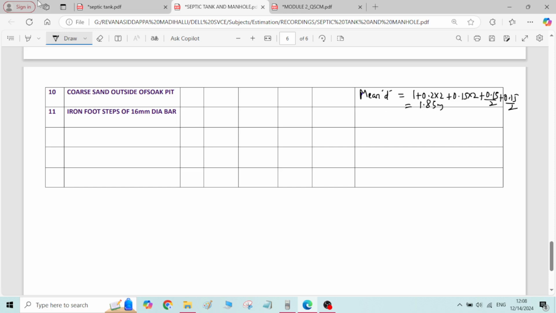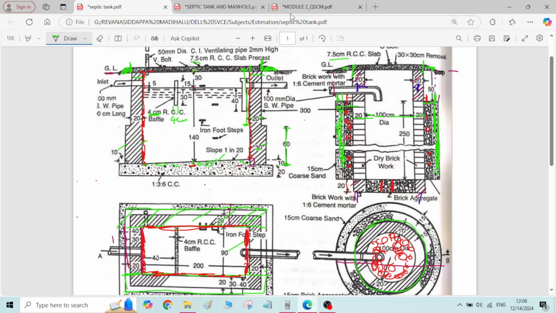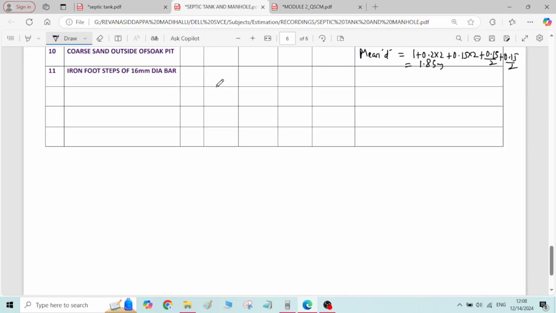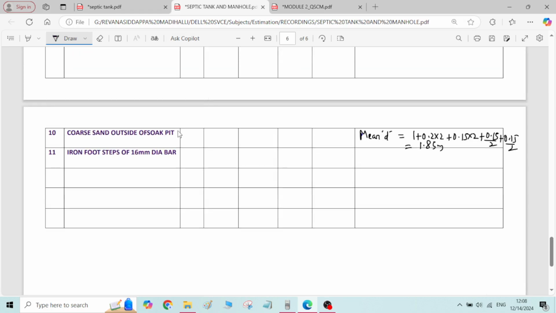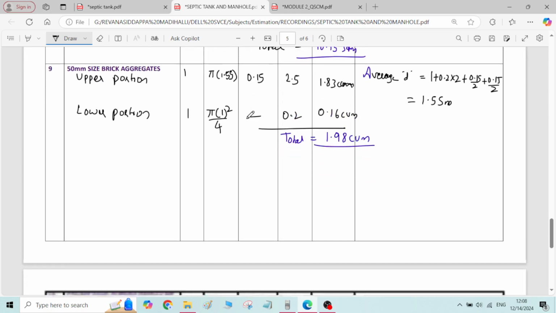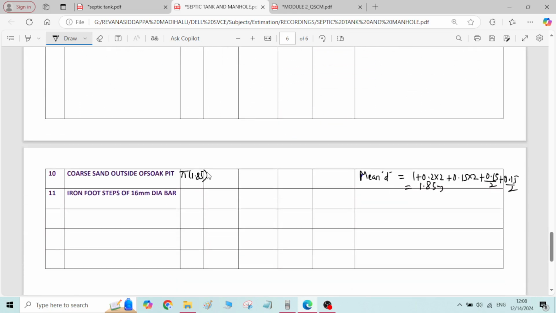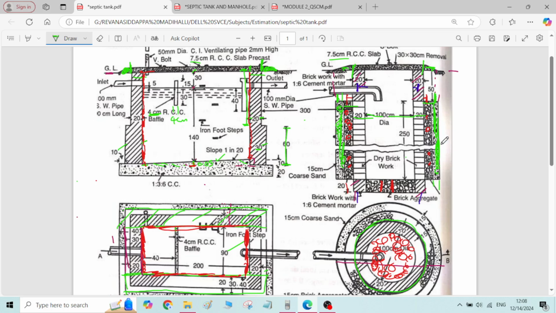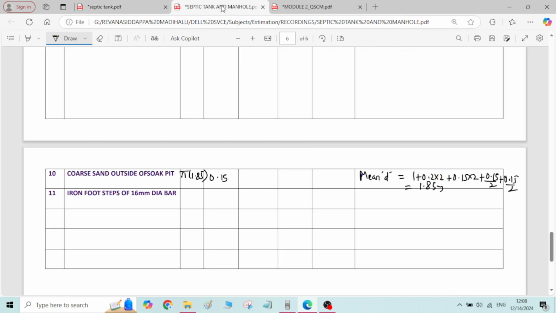Okay, so knowing the mean diameter we can calculate the perimeter by using the formula pi d, pi into 1.85, and the thickness of that core sand is 0.15. And the height of that core sand is also 2.5 meter only, 250 centimeter.